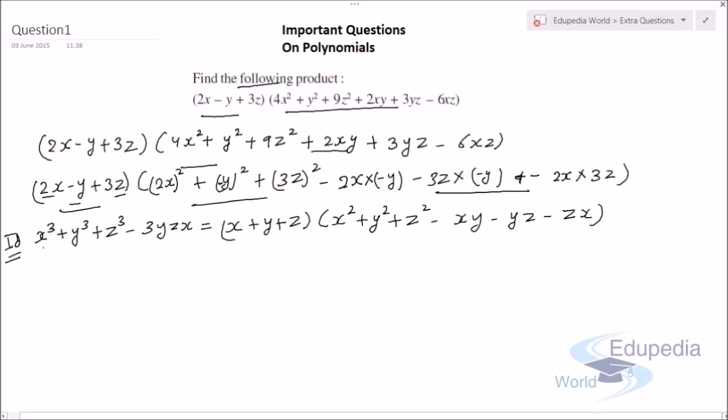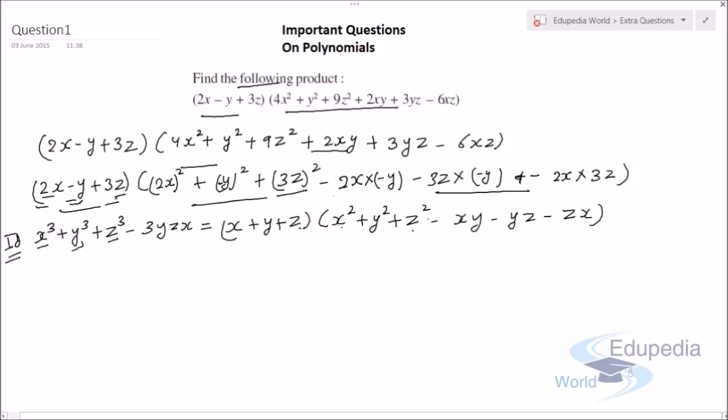How? If we take x as 2x, y as minus y and z as 3z, what we get is x plus y plus z means 2x minus y plus 3z; x square is 2x square, y square is minus y square, z square is 3z square.